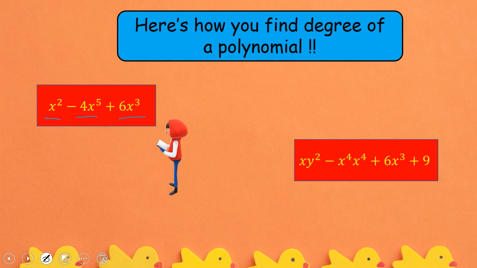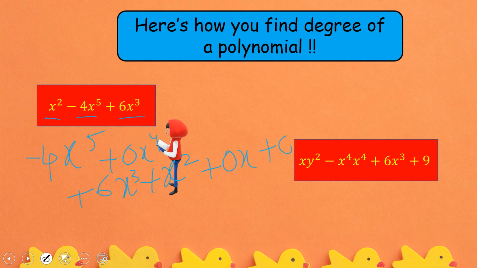First thing you need to do is arrange by degree. You'll get minus 4x power 5 plus 0x power 4 plus 6x cube plus x square plus 0x plus 0. You have degree 5, degree 4, degree 3, degree 2, degree 1 and constant. So this is how you write it.